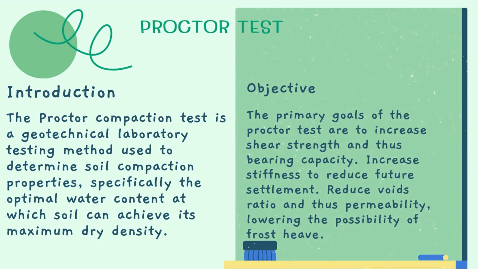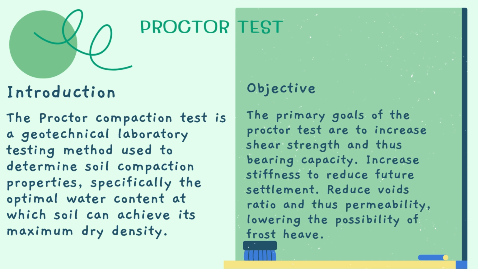So the third one is the Proctor test. The Proctor compaction test is a geotechnical laboratory testing method used to determine soil compaction properties, specifically the optimal water content at which soil can achieve its maximum dry density.